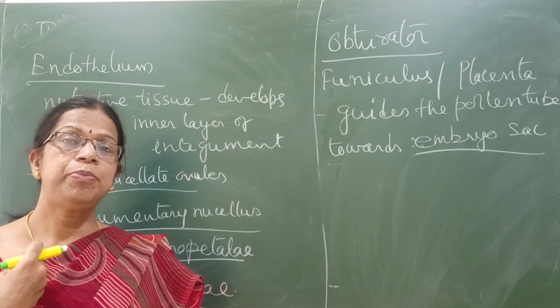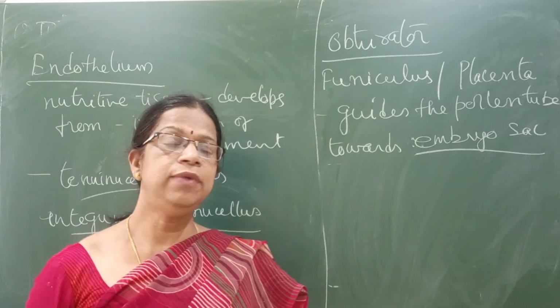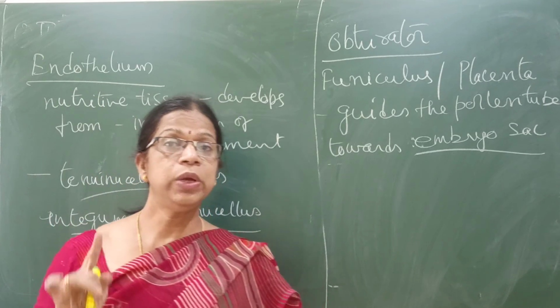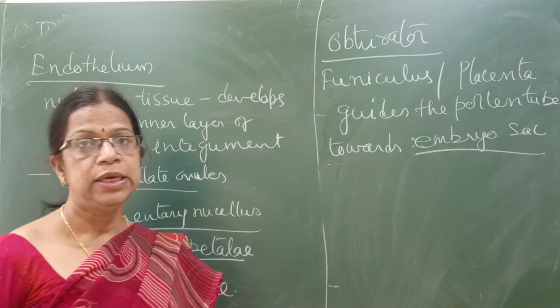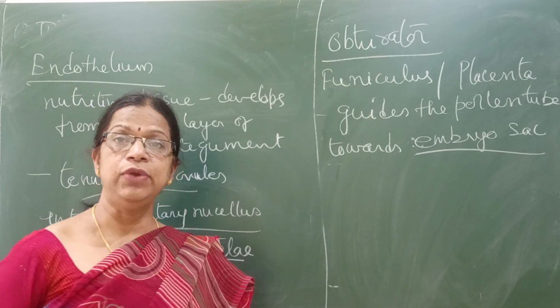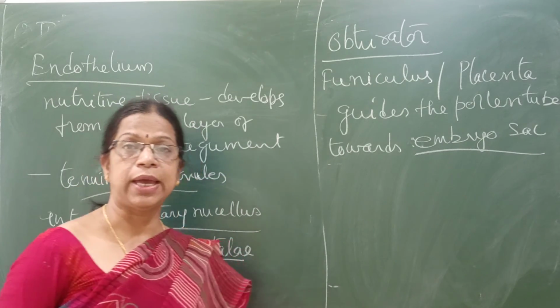The pollen tube can enter the ovule in any way, but to enter the embryo sac, it has to enter only through the micropylar end. So the obturator guides the pollen tube entering into the embryo sac.